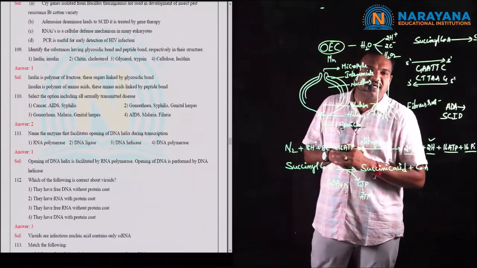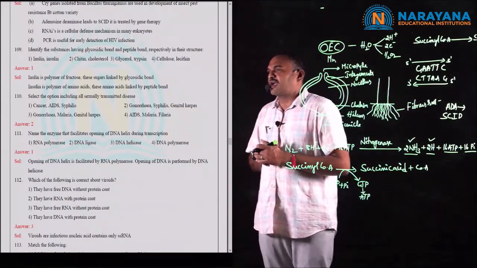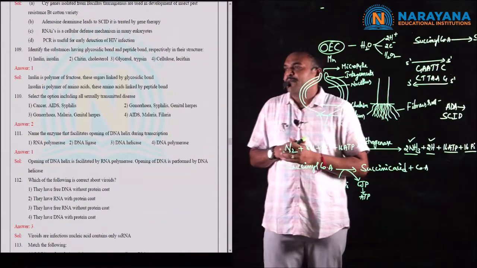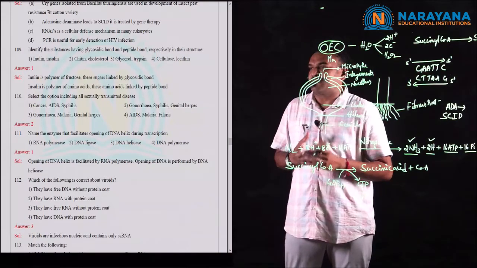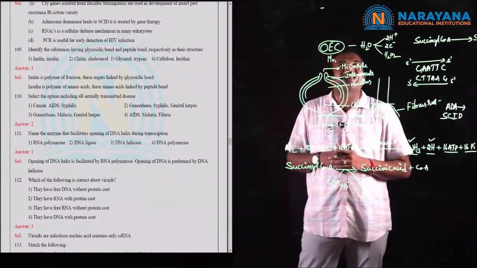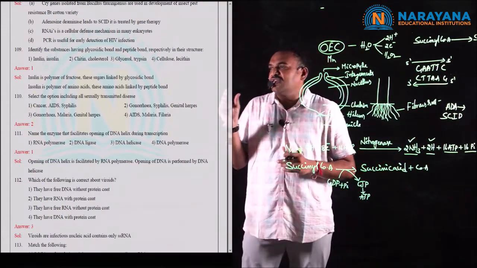Next question is 109. Students, identify the substrates having glycosidic bonds and peptide bonds respectively in their structures. In the first option they have given inulin.